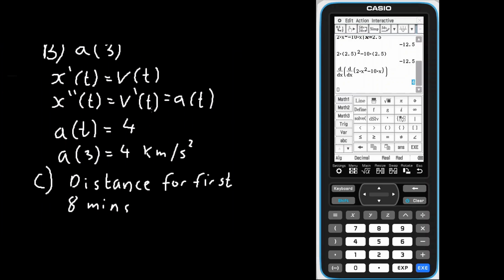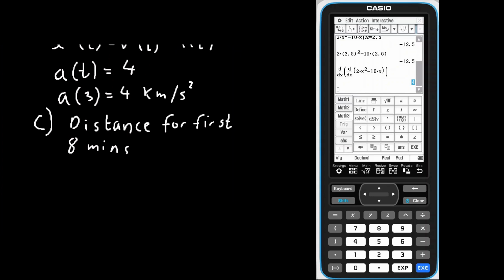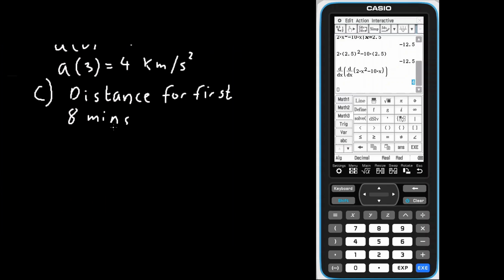The distance is, I guess we need to find the area under the curve from 0 to 8 for the velocity. So we can say that our displacement is equal to the integral of velocity. And what we need to do here is figure out the distance, which always adds.